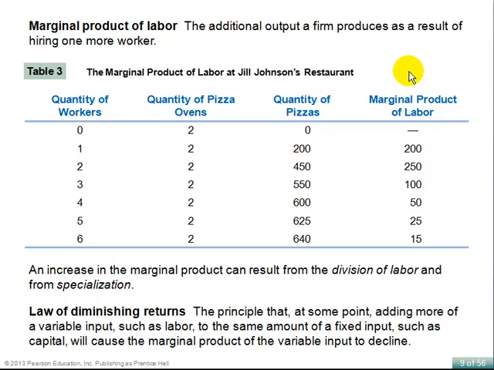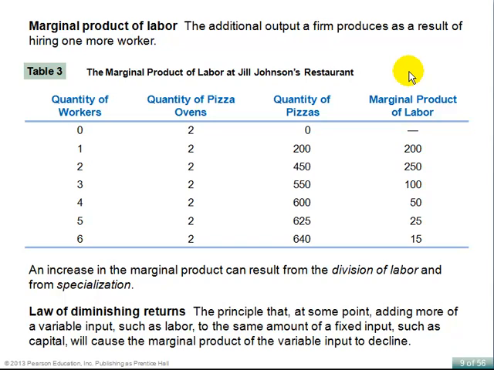If Jill hires 2 workers, some of these activities can be divided up. One worker could take the orders and ring up the sales, and the other one could bake the pizza. With such a division of tasks, Jill will find that hiring 2 workers actually allows her to produce more than twice as many pizzas as she could produce with just 1 worker.